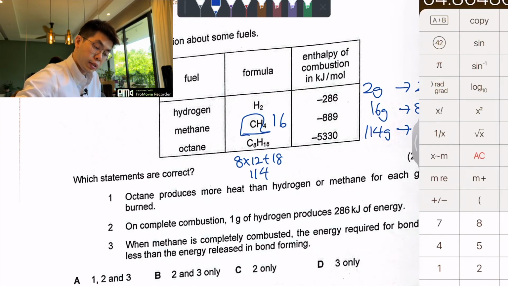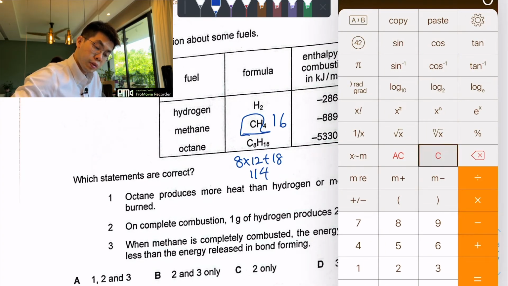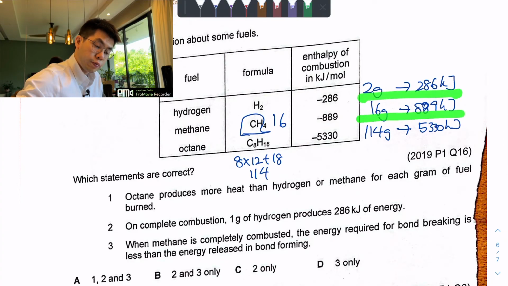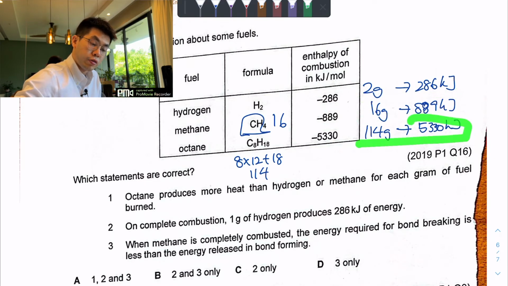Let me double check. 8 times 12 plus 18, 114. Okay, so 2 grams of hydrogen produce 286. 16 grams of methane produce 889, and 114 grams of octane produce 5330.